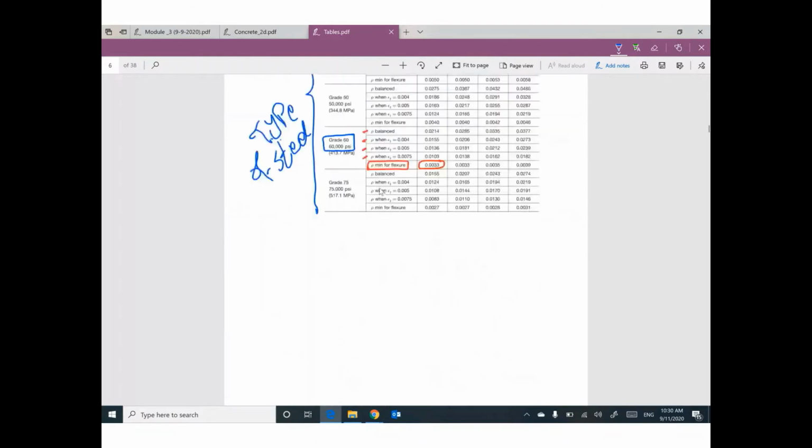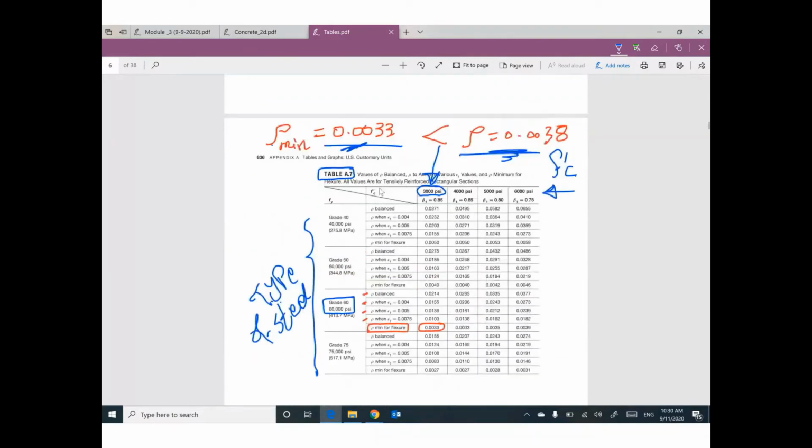You are talking about rho minimum. We have here also rho maximum. This value, according to ACI, rho when epsilon t equals 0.004, this one can be called rho maximum.